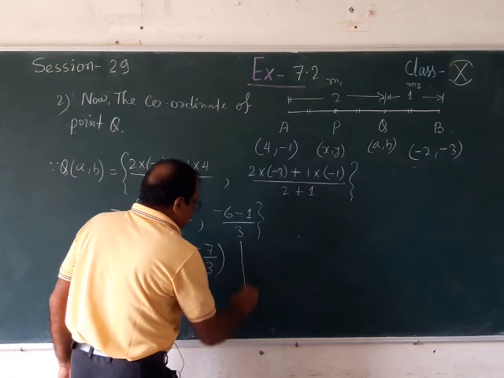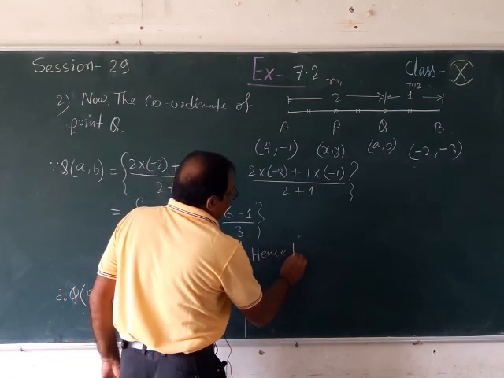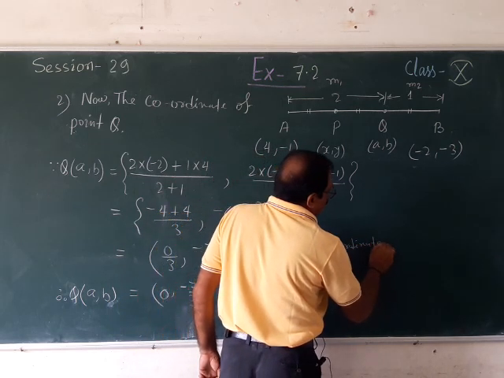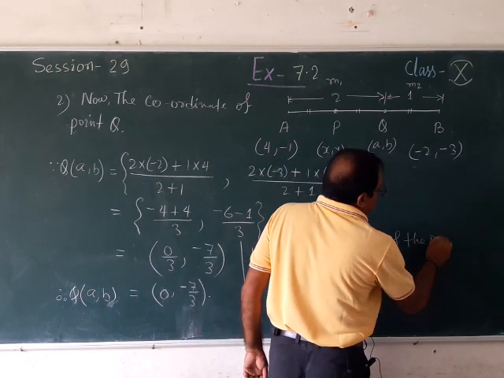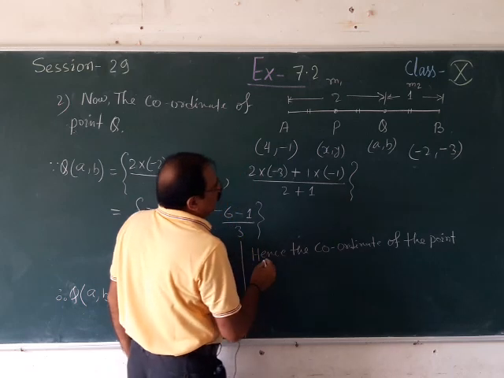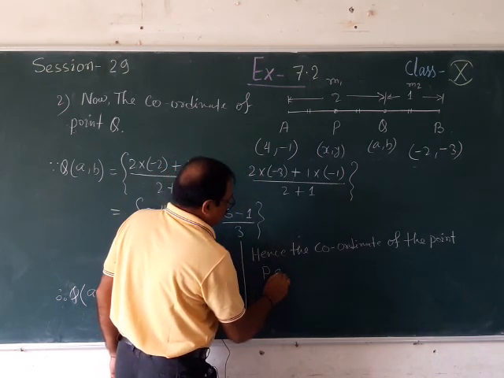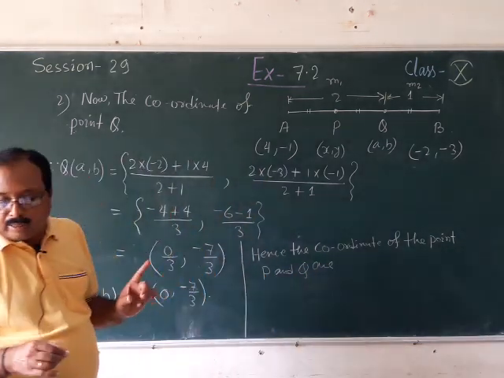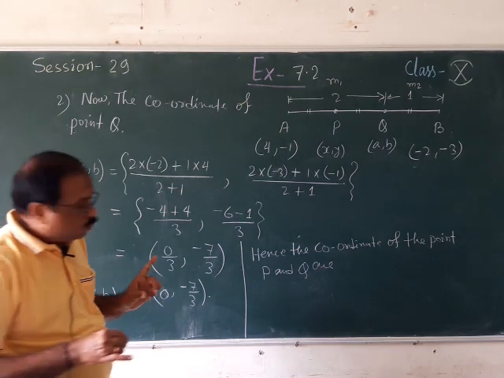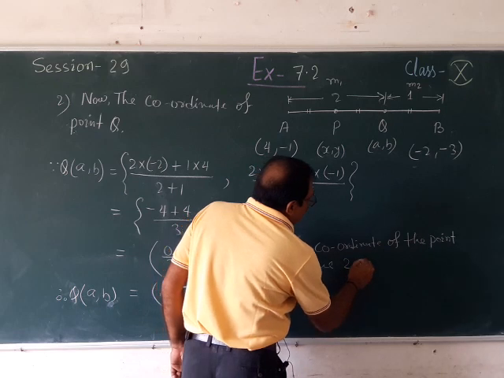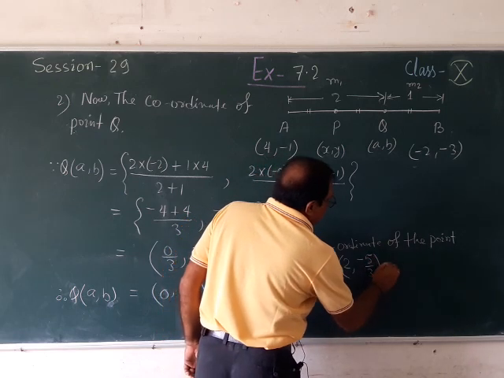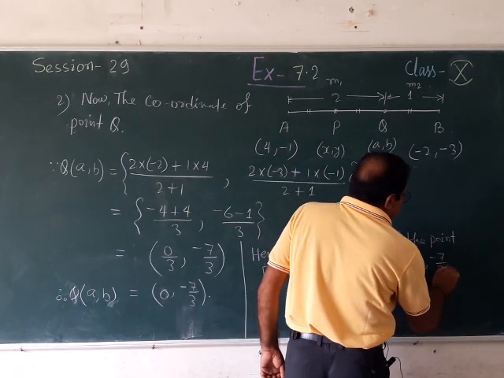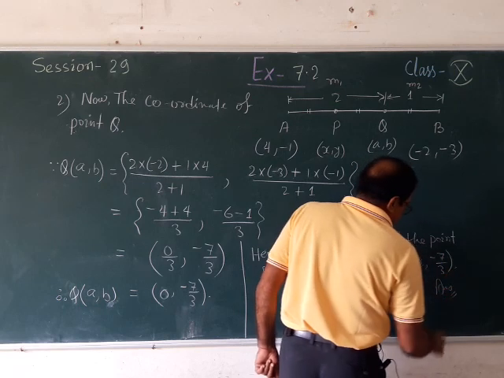At last you need to write, hence the coordinates of the points P and Q are: the first coordinate we have got, that was the coordinate of P, 2 comma -5 upon 3, and the second coordinate we have got 0 comma -7 upon 3, and this is your answer.